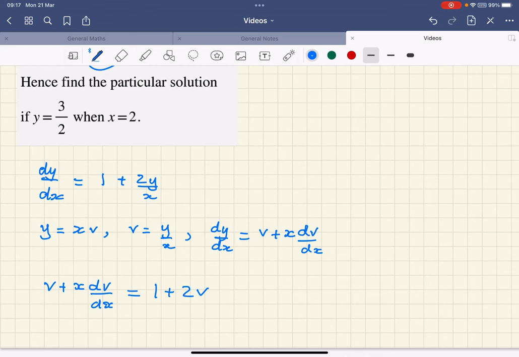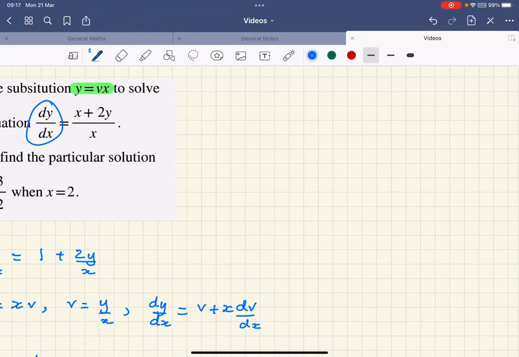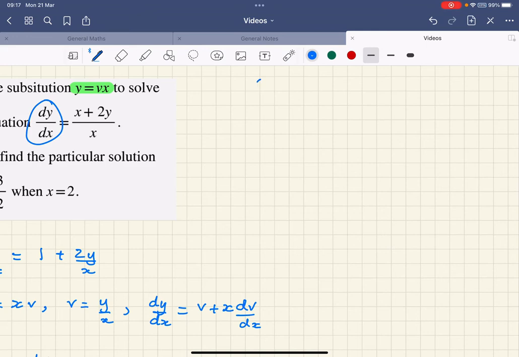Let's just do this here on the other line. So x dv by dx is equal to 1 plus v. Now I can separate my variables and I can integrate, and we're getting somewhere towards a final solution. So we then have dv over 1 plus v is equal to dx over x.